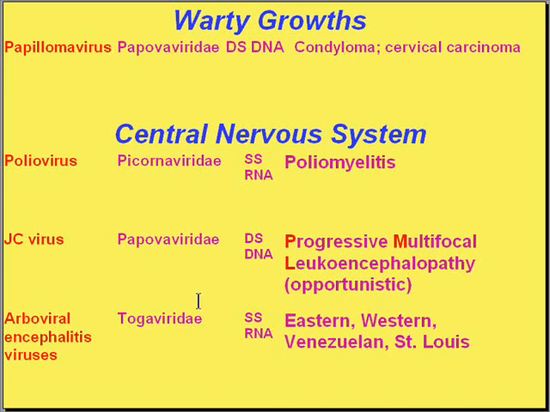And then I think rightfully so, moving up to the central nervous system, we have different types of viruses. There's a polio virus, now virtually non-existent, cause of major poliomyelitis epidemics in the 50s and perhaps early 60s. The JC virus, don't confuse that with JC disease, Jakob Creutzfeldt, because this is now a virus.